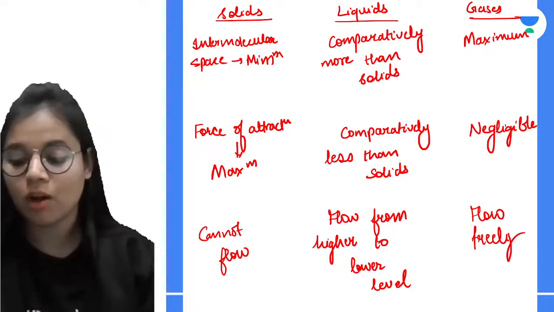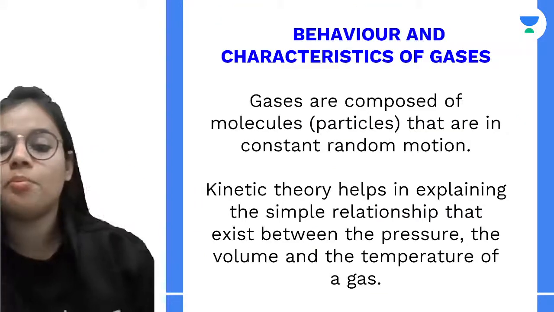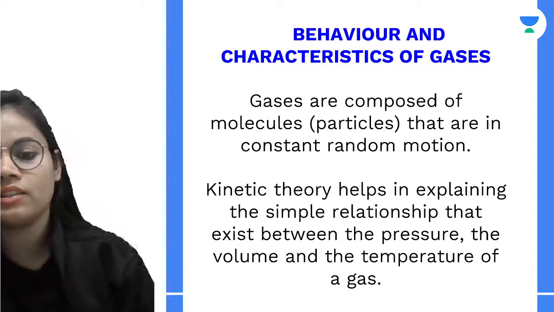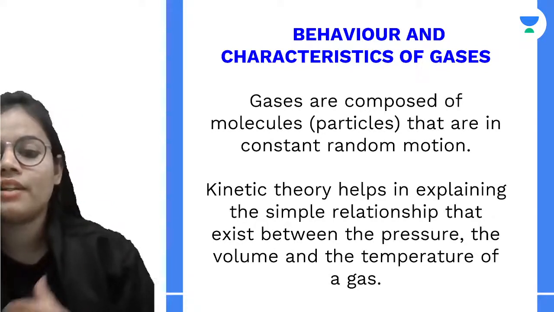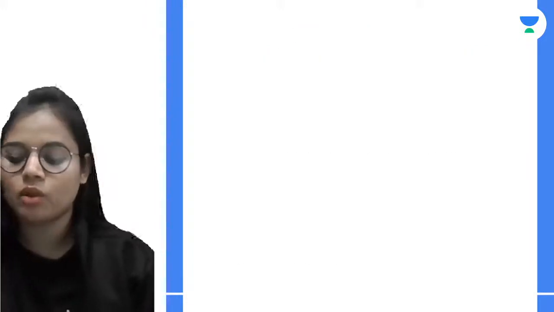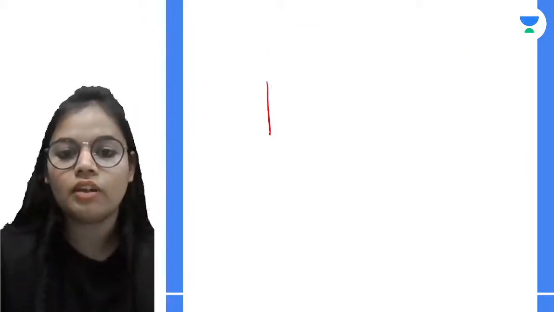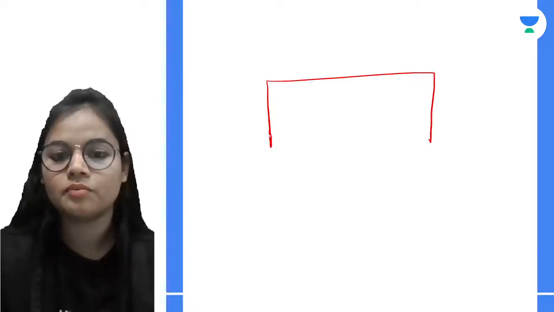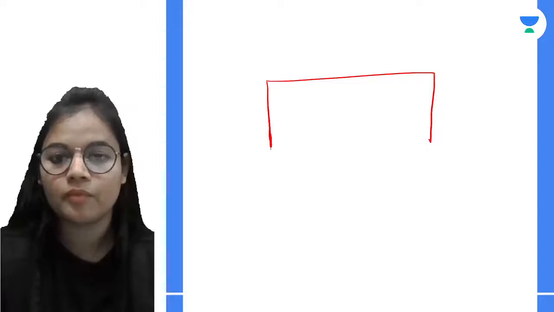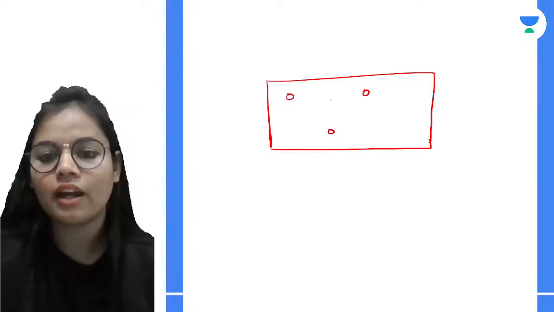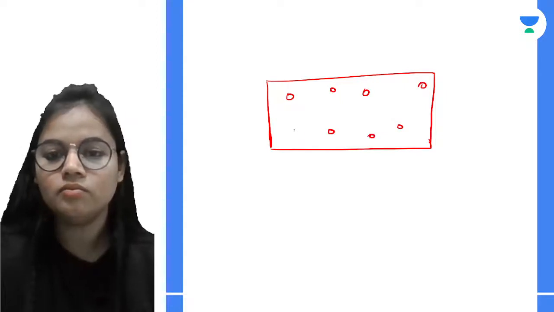Now let us talk about some of the properties, characteristics, or behavior of gases. We all know that gases are composed of molecules or particles. Let's say this is our container, and here we have the particles.